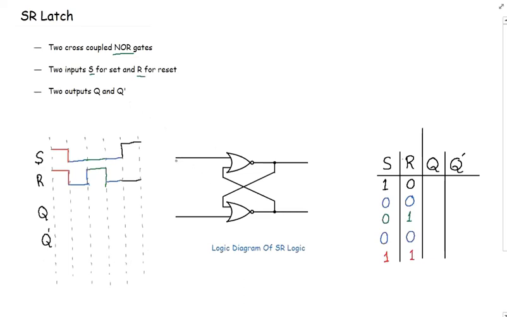So for example, we have the set input here, S is for set, and similarly we have the R input here, where R refers to the reset.